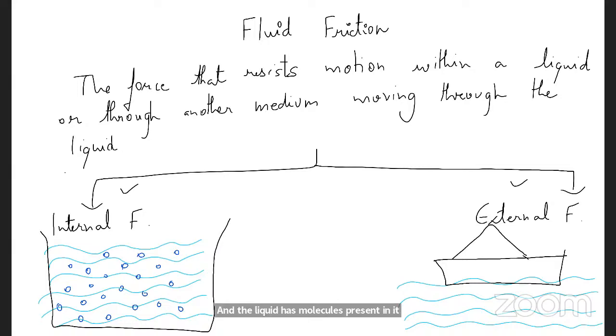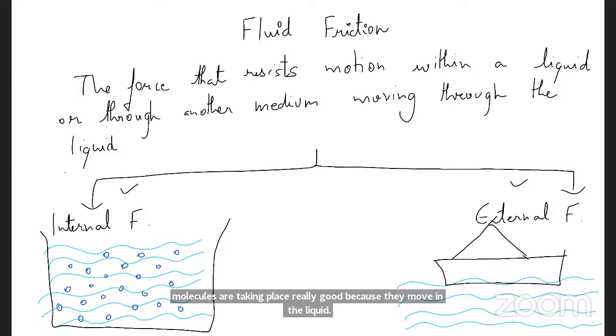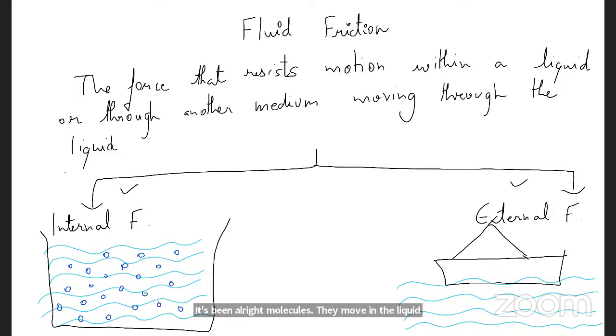These molecules move in the liquid, and their interaction with each other is taking place. This is internal friction. It means the force and the resistance will take place in the liquid itself.